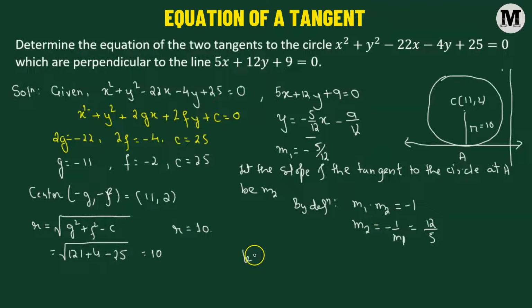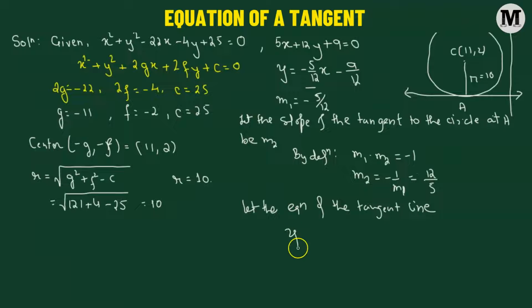So we can define the equation of the tangent line using the slope-intercept form. We have y equals the slope m2, 12 over 5, times x, plus the y-intercept. We don't know its value, so we call it lambda.